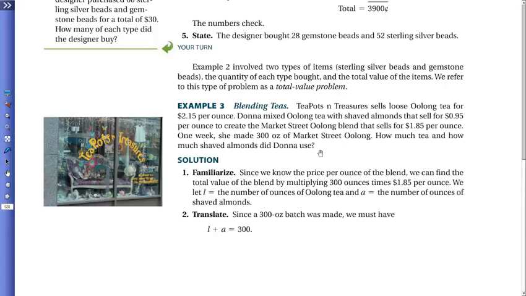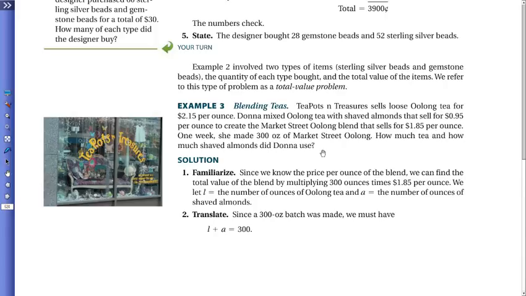Now they gave us an extra fact, or a calculation to get another fact. And they kind of jumped to this, and I probably wouldn't have got to this until I started making a table that they're going to show us here on the next page. But the first thing they do is translate this 300 ounce batch that she made.